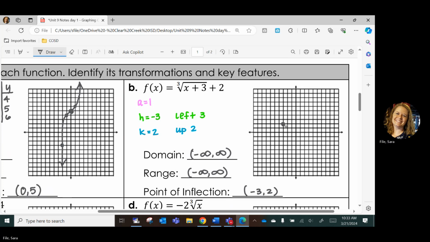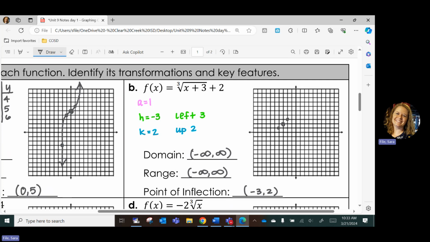And then I can either make a table of values, or I can just count my movements from the point of inflection. I know, because A is 1, there's no reflection, no stretch or compression. It's going to be the same movements as the parent function. So it's going to be over 1, up 1, or left 1, down 1.